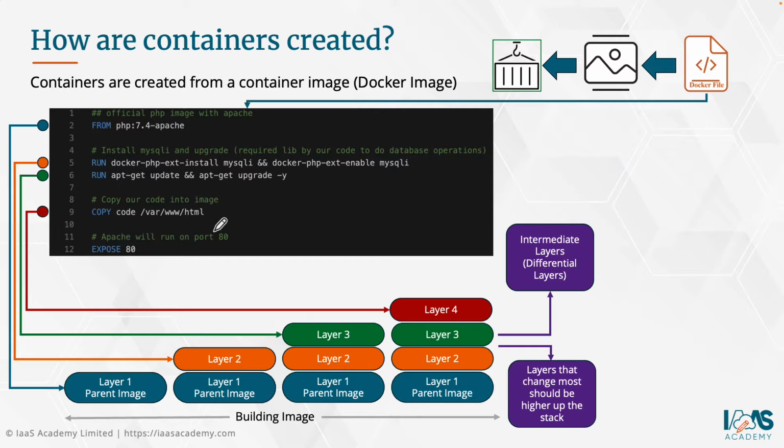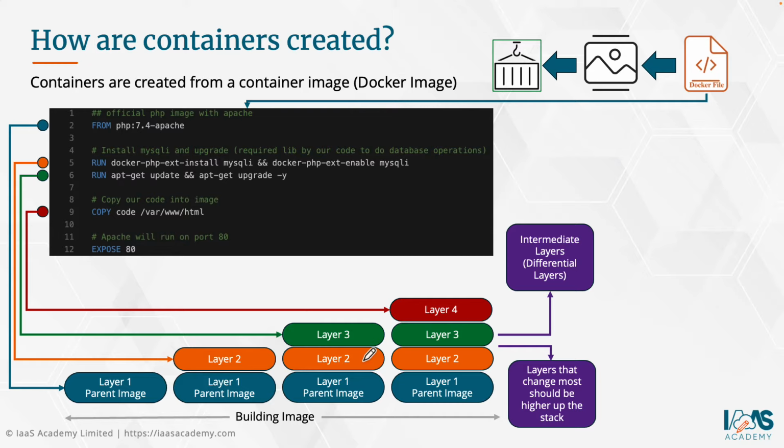And this speeds up the process of creating new images as you do variations. So for instance, in this example, if we make a change to the actual code that's going to be running our application, then that should come much later in the list of commands, higher up the stack, so that you do not recreate the entire thing all over again, and you allow the system to use previously cached images.